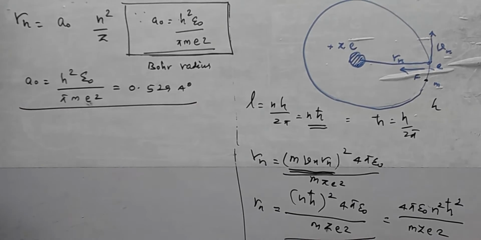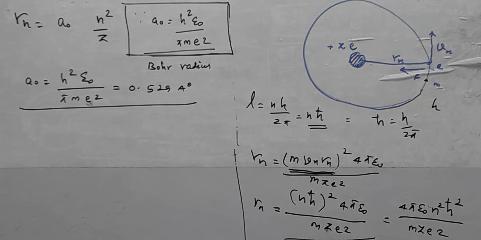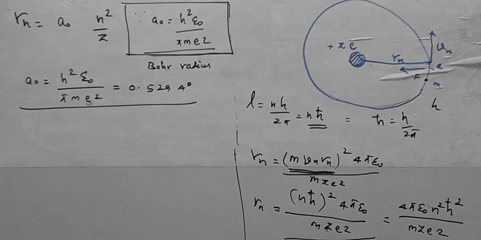This is the basic value obtained for Bohr radius, which is the smallest radius of the orbit in an atom.